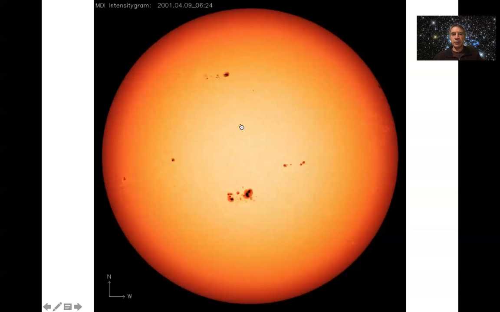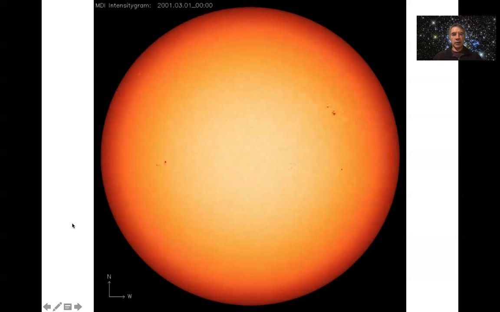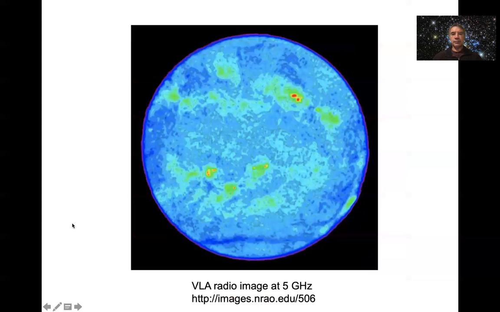So these blemishes are where you have a strong vertical magnetic field, and it's usually come in pairs, as you can see. And these are the top one end each of a loop of magnetic plasma that is sticking out of the sun, preventing the convection and therefore cooling the surface a little bit so that it looks darker. So that is what it looks like in the optical.